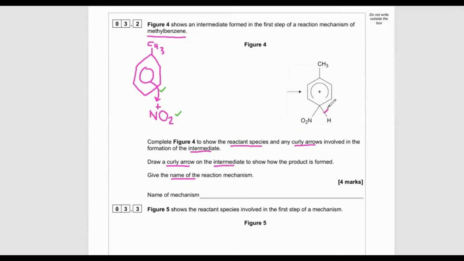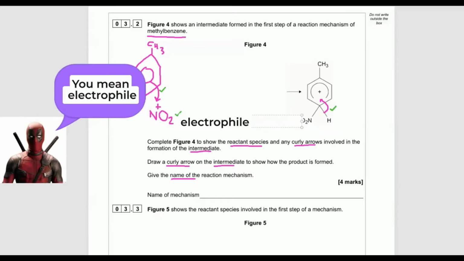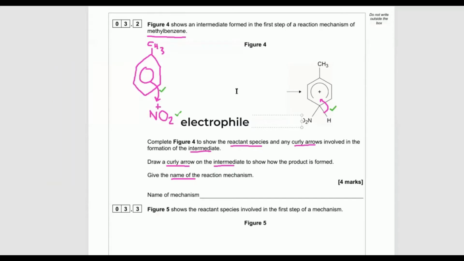Of course, that means we have broken the delocalized ring, so it needs to reform to stabilize itself. So the hydrogen on the intermediate, its bond donates its pair of electrons back to the horseshoe to reform that delocalized ring. And so we're going to get 2 marks for showing the electrophile, the NO2+ ion, and showing the curly arrow from the ring either to the nitrogen atom or to the positive sign.